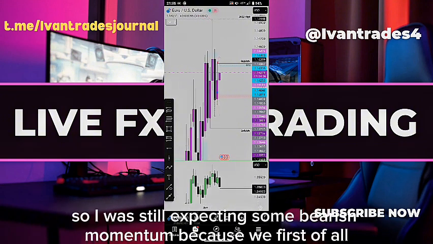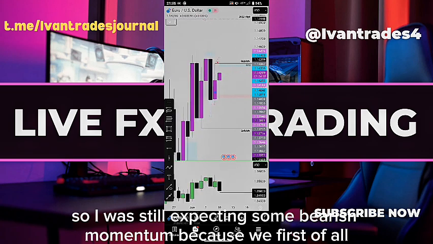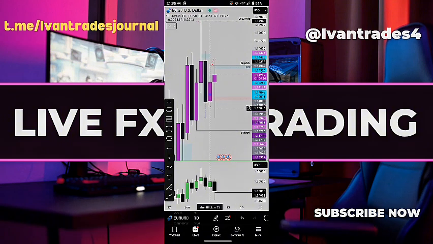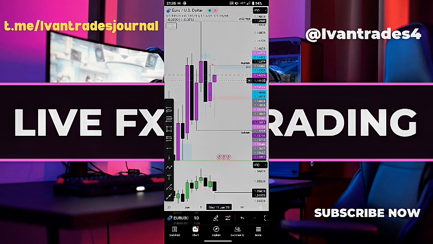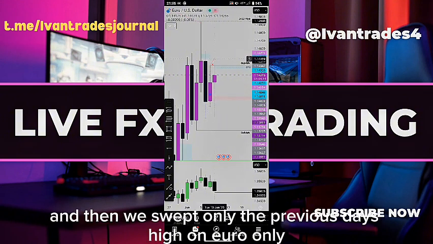So I was still expecting some bearish momentum because we first tagged the sell side below right here, the previous day's low. We swept the previous day's low on both Euro and GBP, and then we swept the previous day's high on Euro only.